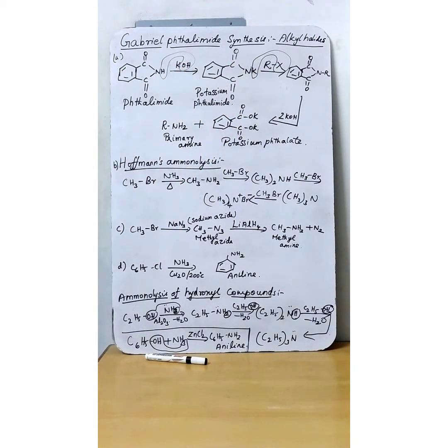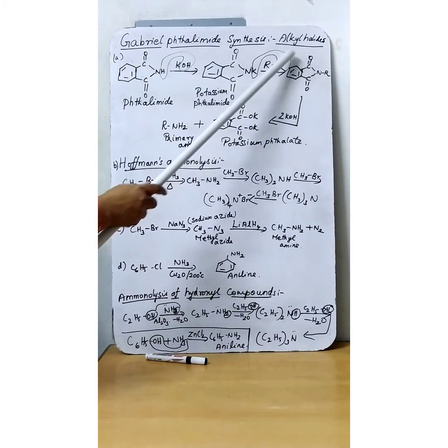Okay, the balance, the alkyl group, will come and attach to this nitrogen, and you will get this as the product, called alkyl phthalimide.